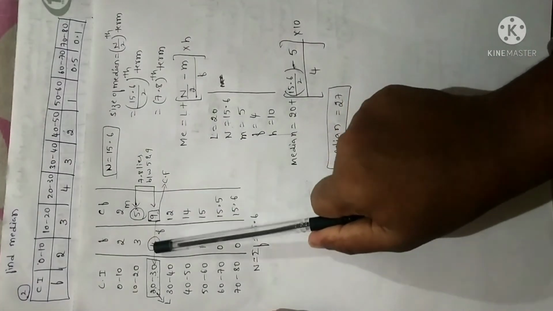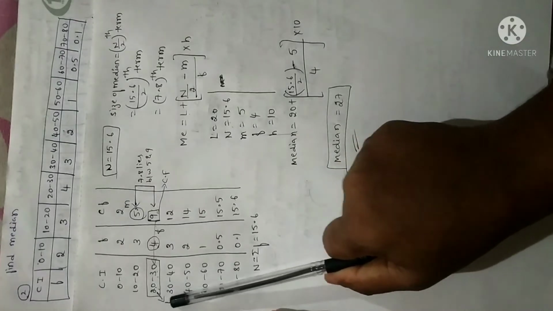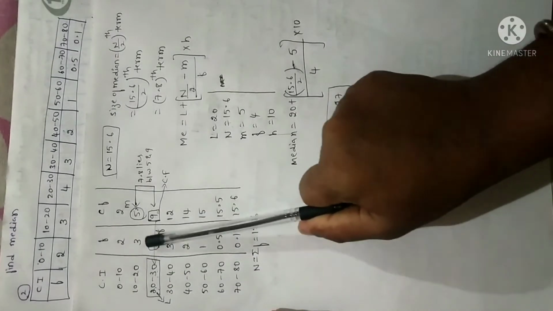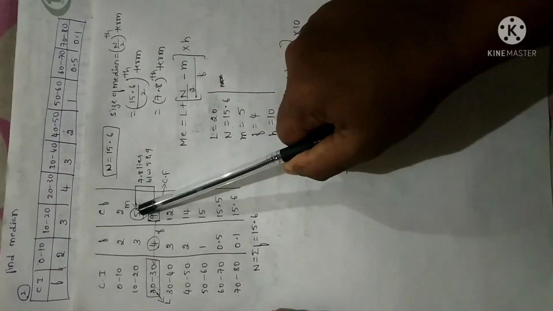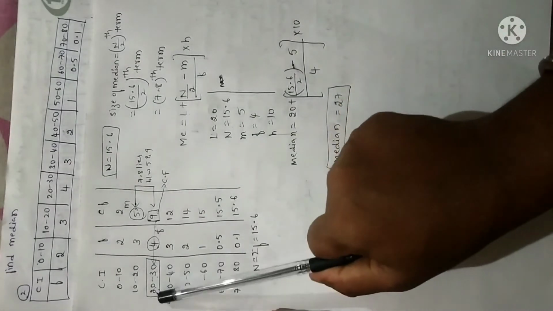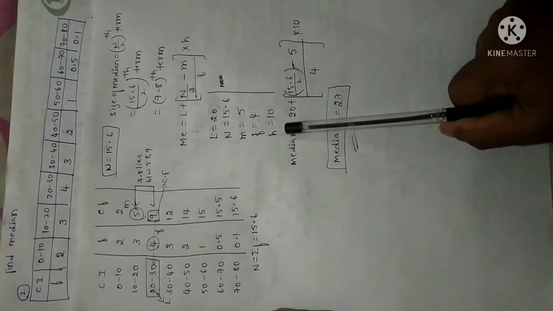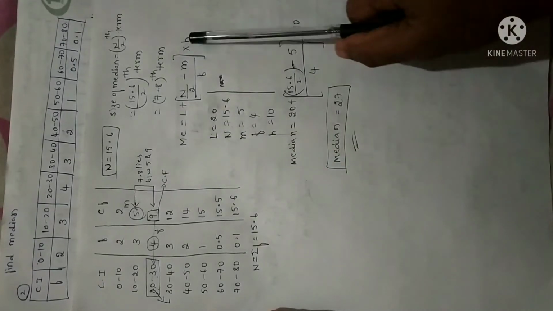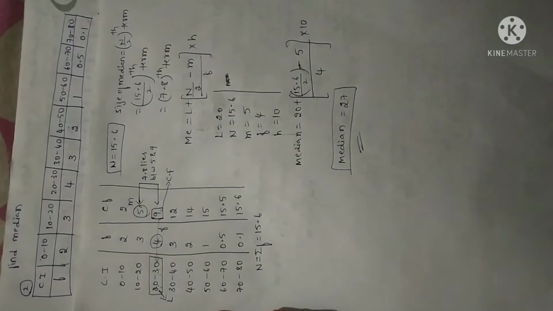Now the corresponding class interval will be the median class, in which the lower limit is the L value, and the corresponding frequency will be the F value, and the frequency preceding, whatever value is just above 9, will be the value of M, and H is none other than the difference of this class interval, that is 30 minus 20. So make a list of all those values and write down the formula. Substitution and calculation will give you the value of median. Hope it is clear.